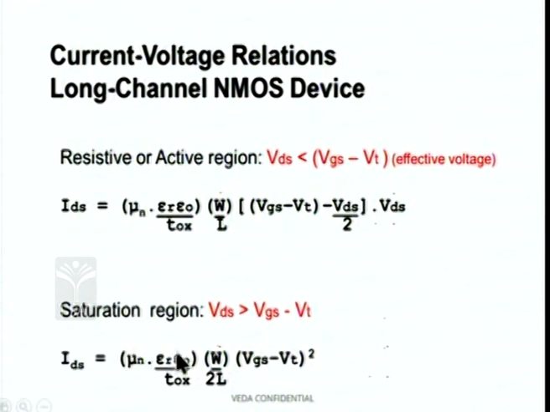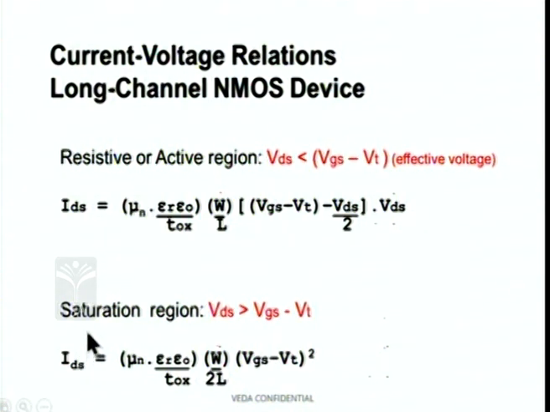For a PMOS device, this will be ISD, the source to drain current, and this expression will change to mu p, and the remaining things will remain the same, except this becomes SG, because the voltage at the source must be greater than the voltage at the gate for a PMOS device. Now, because mu p is 2.8 times lower than mu n, the current through the PMOS device will be 2.8 times lower than the current through the NMOS device.